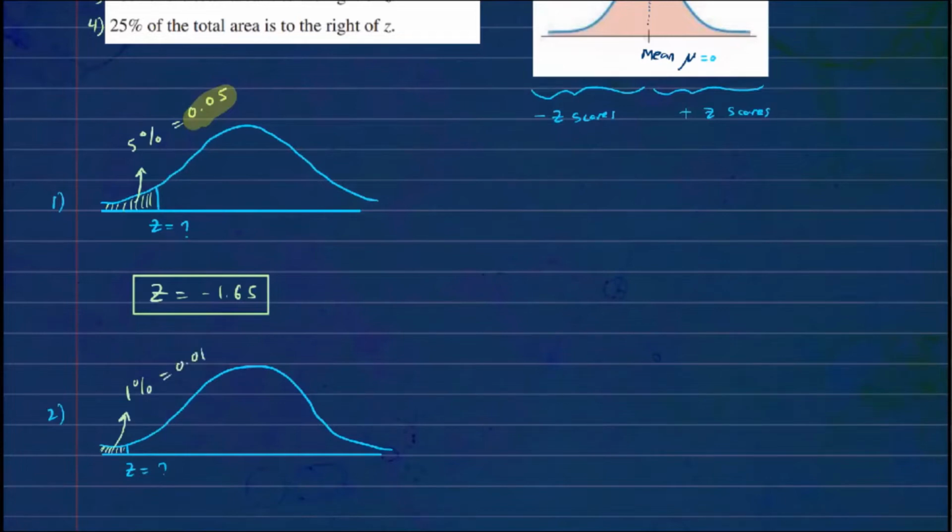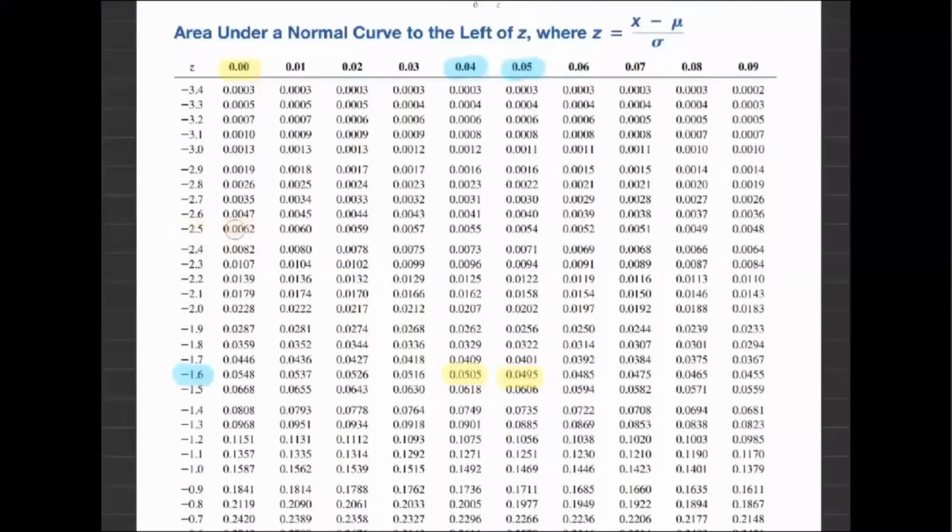In the body of the z table, you're going to look for 0.01 or something close by. Coming back here, 0.01 is a very small area, so we're going to be right at the top. It looks like you're going to get maybe here, here, here. All of these are very close.